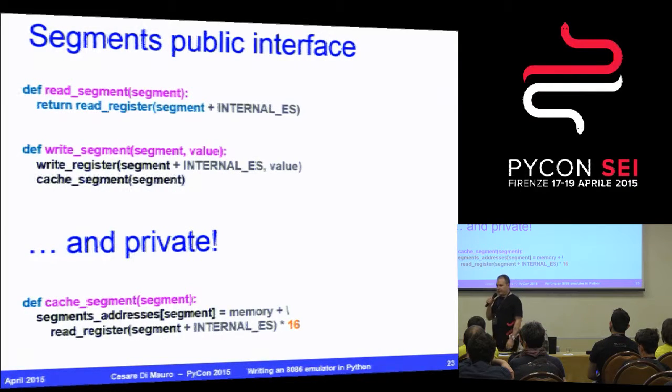So it's an operation which takes time. So I decided to cache the segment multiplied by 16 using the cache segment private function. Every time I need to access something on, for example, the code segment, the code segment multiplied by 16 is already cached in a proper structure, an array called segments addresses.